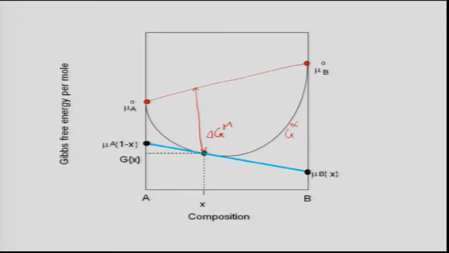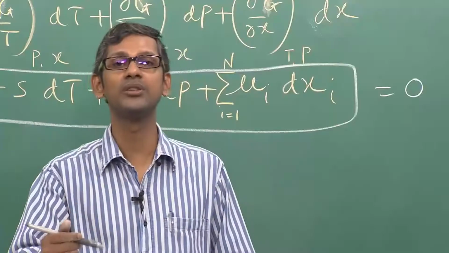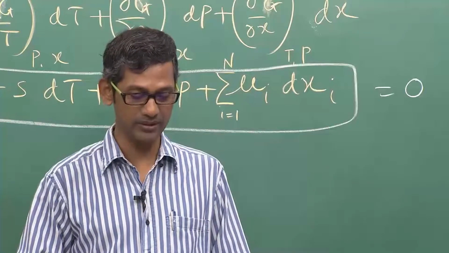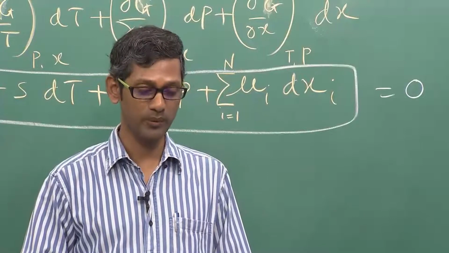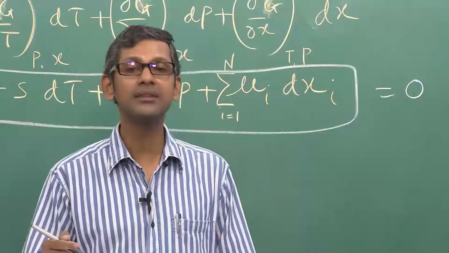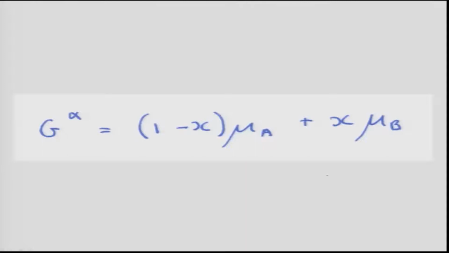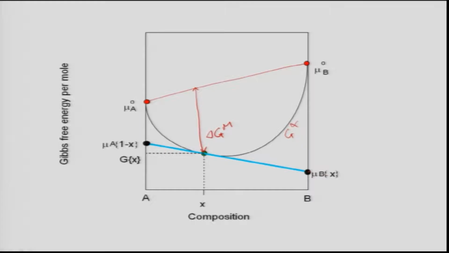That means the chemical potential of B in the solution having x mole fraction of B, and the chemical potential of A in the solution having 1 minus x mole fraction of A. I will explain how to use the tangent rule in another class, since that requires separate discussion; we will do that slowly, one by one. This straight line's equation is nothing but (1 minus x)μA plus xμB, the equation of the tangent at a point x.